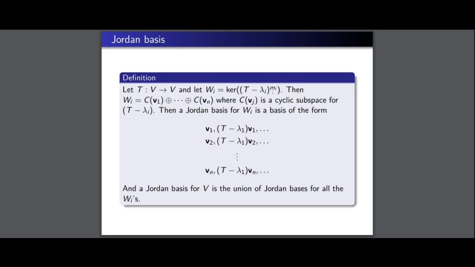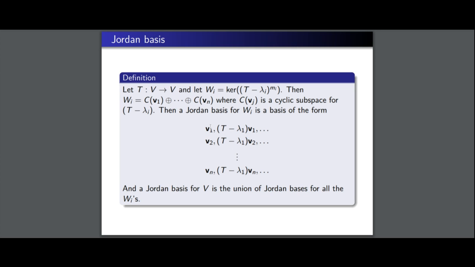And then for each Wi, we see that T minus lambda i is nilpotent on Wi. So we write Wi as the direct sum of cyclic subspaces, and we do that for all the different Wi's.